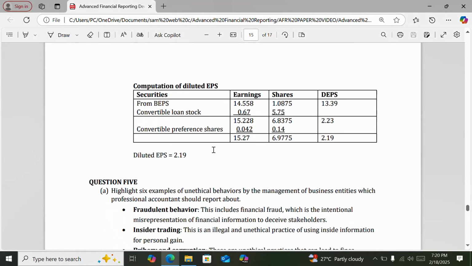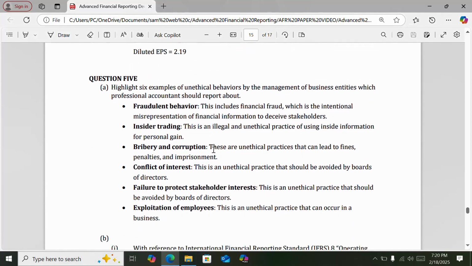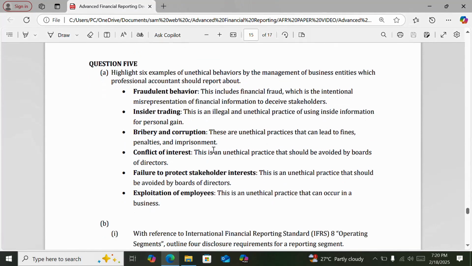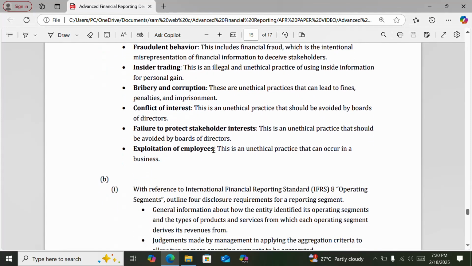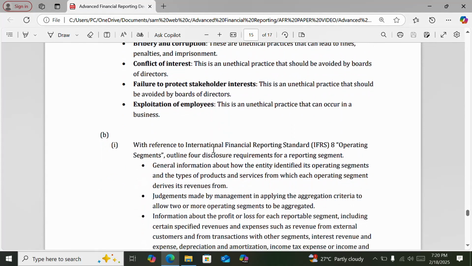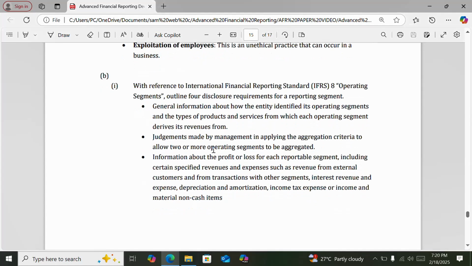And then question 5, unethical behavior. We have fraudulent behavior, insider trading, bribery and corruption, conflict of interest, exploitation of employees. Then we have part B, operating segment.